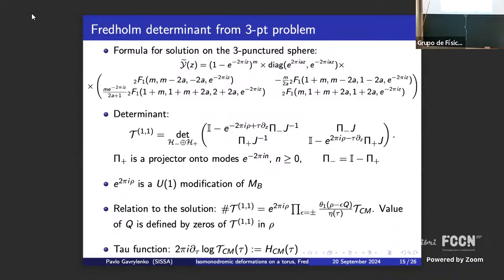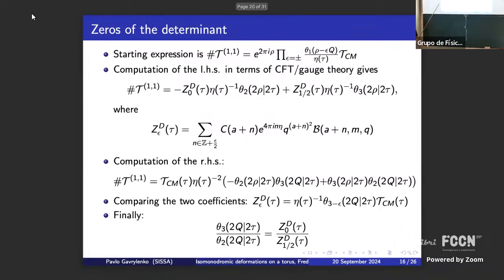If you want to recover the formulas for Q, which we had before, we can compare the rho dependence of the left-hand side and of the right-hand side. So there are formulas for the left-hand side for this determinant, which can be obtained as a result of this minor computation. And the answer is this.